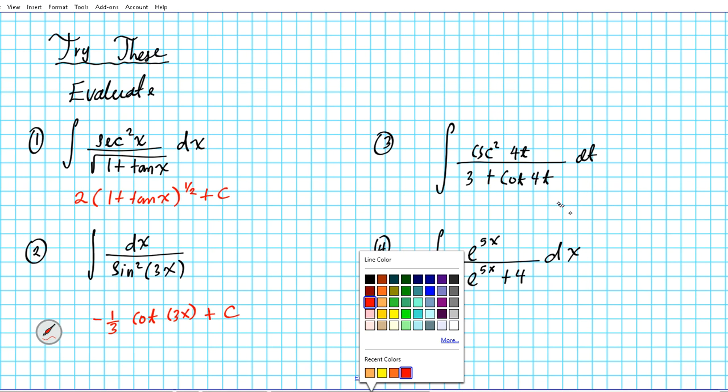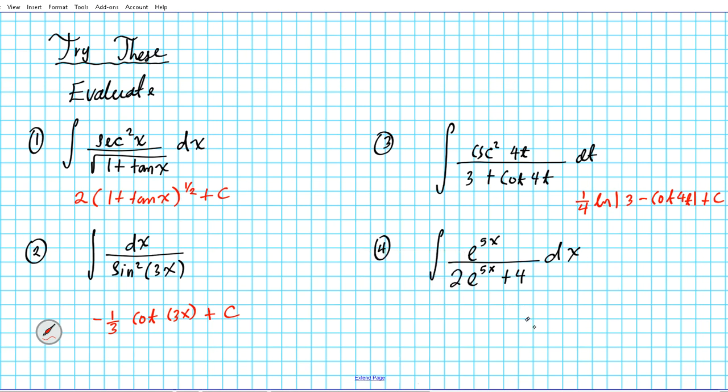For number 3, the answer is 1/4 times the natural logarithm of the absolute value of 3 minus cotangent 4t plus c. And for number 4, the answer is 1/10 times the natural logarithm of the absolute value of 2e to the 5x plus 4 plus c.